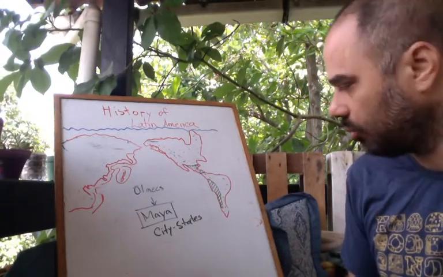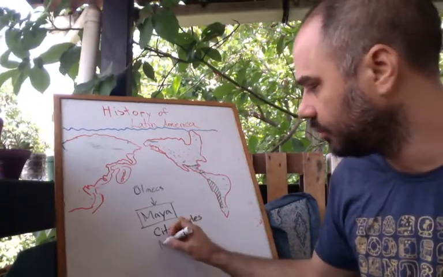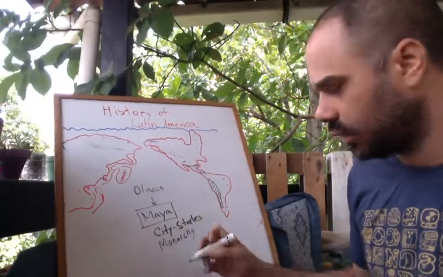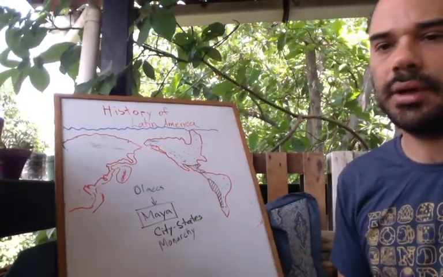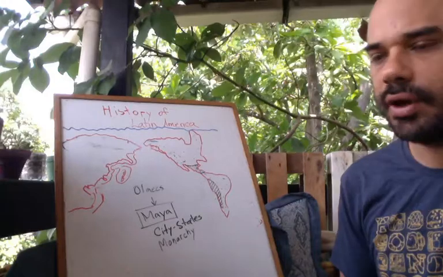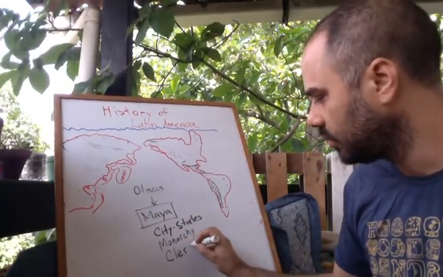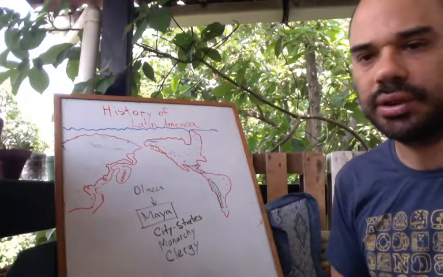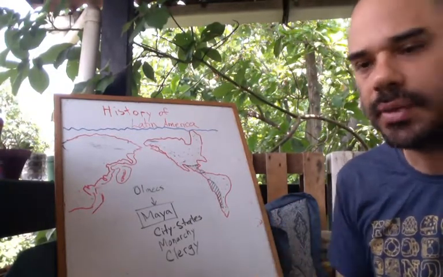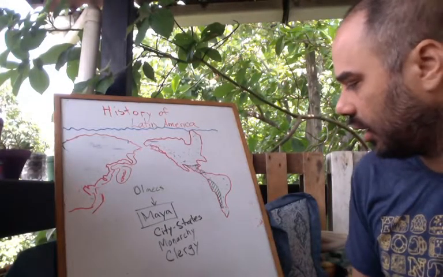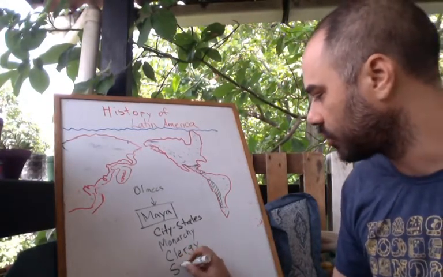So they had a monarchy system. And they also had a very important clergy. That is the people that do religious things. They were very mystical. They also had scribes and other scholars.